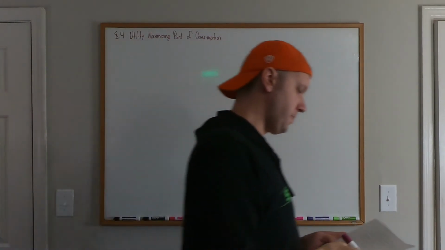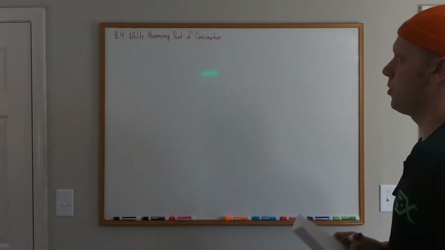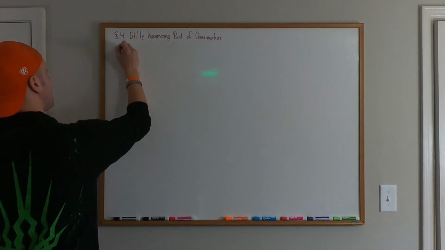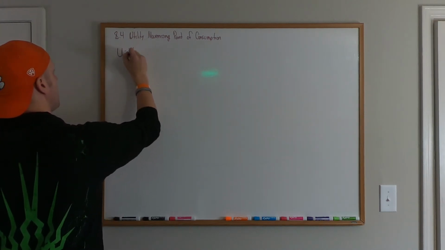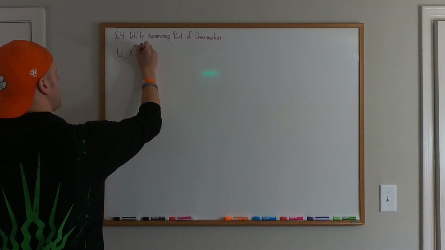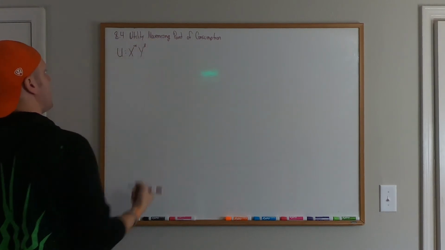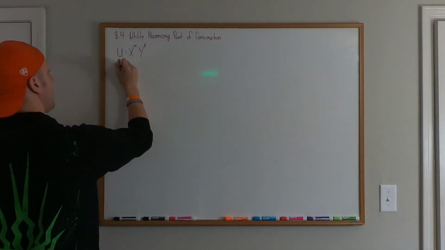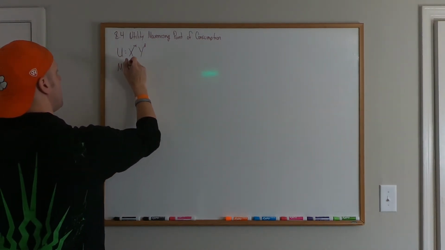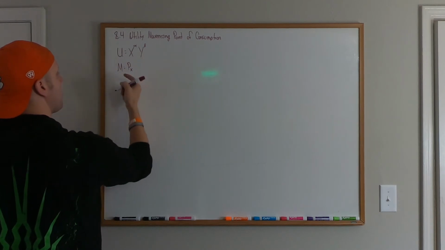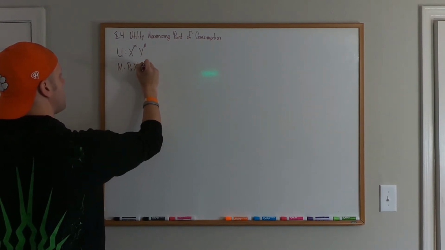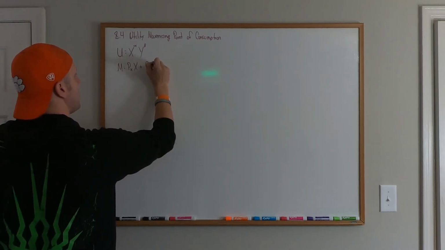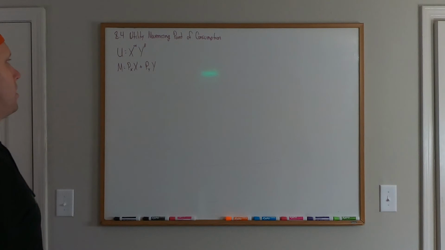Now, if you remember from the first homework, we had a utility function x to the alpha times y to the beta, where our income was defined by the price of good x times the amount of x we consume, plus the price of good y times the amount of y we consume.